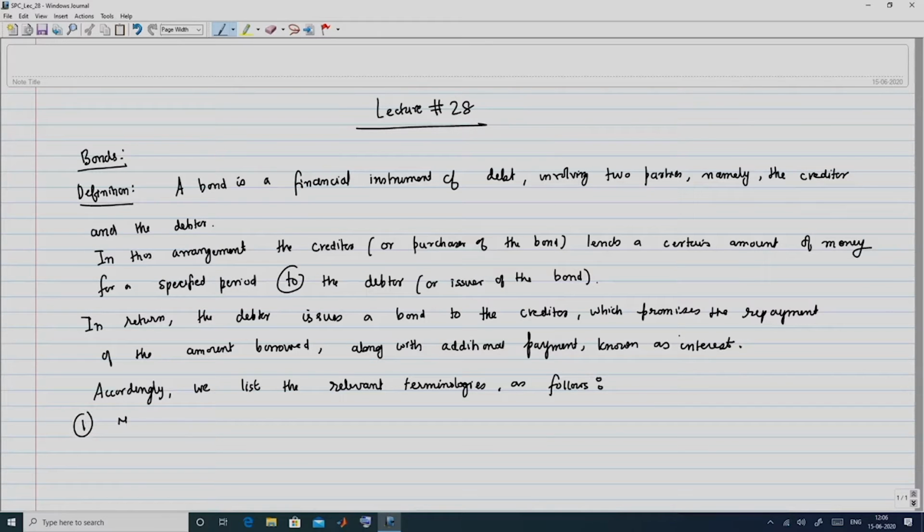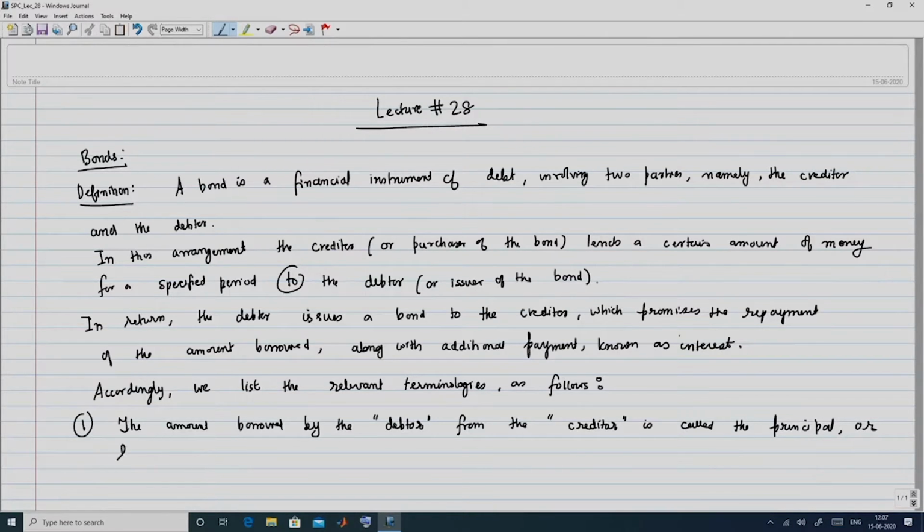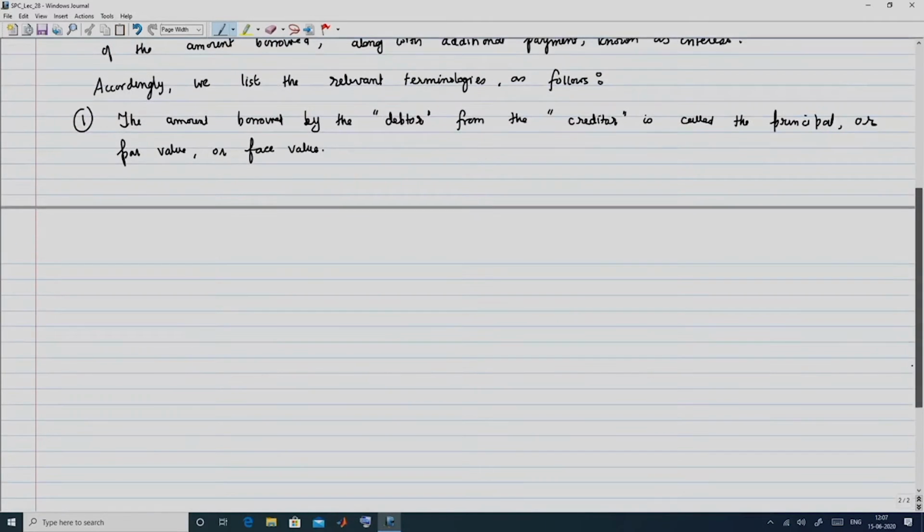The first one is the following: the amount borrowed by the debtor from the creditor is called the principal or par value or face value. The second terminology is regarding the time.